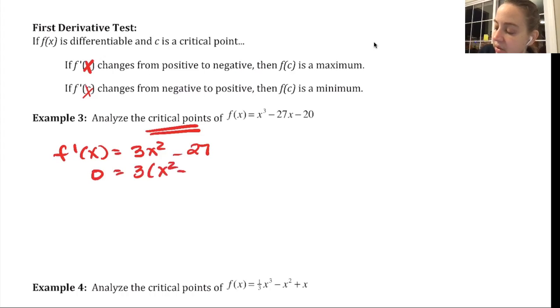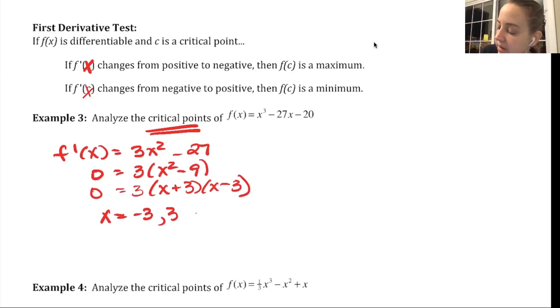X squared minus 9. I told you yesterday you'd be tired of critical point. And then I'm going to factor x plus 3, x minus 3. So what are my solutions? My solutions are -3 and 3. These are critical points. So I want to figure out, are they a maximum or a minimum? So I'm going to put them on that number line we just did in the last example.